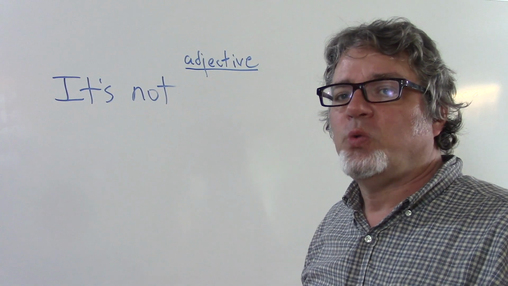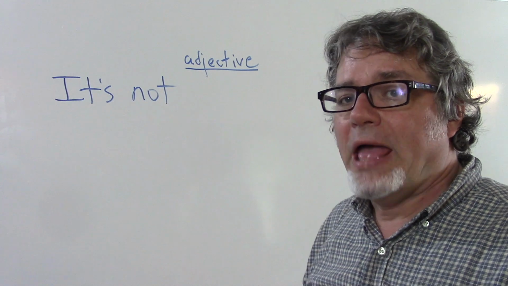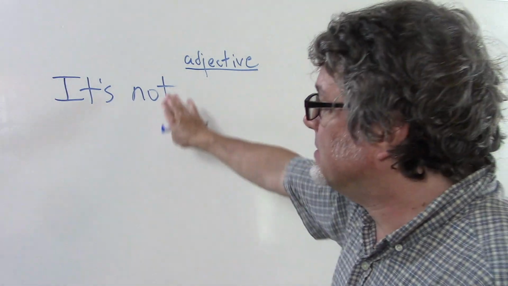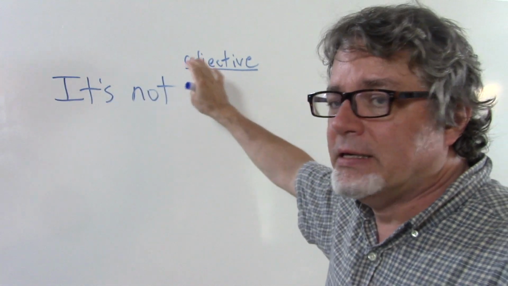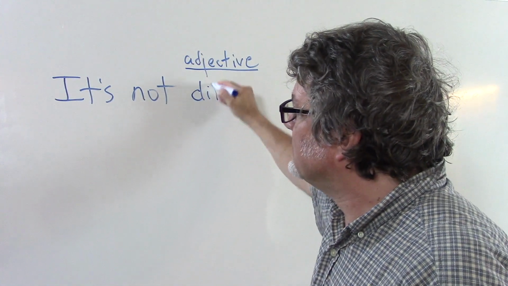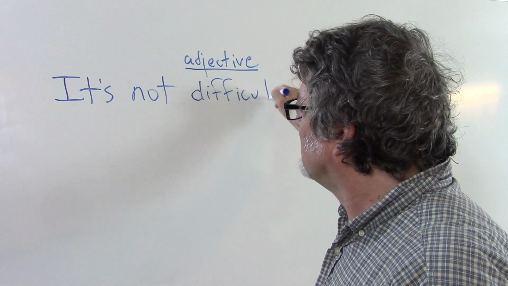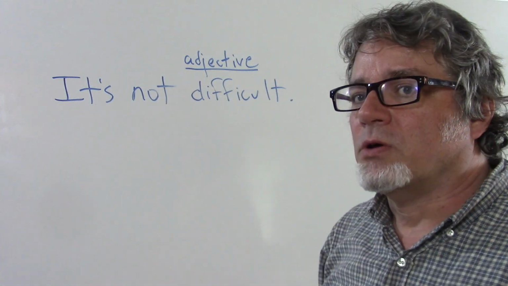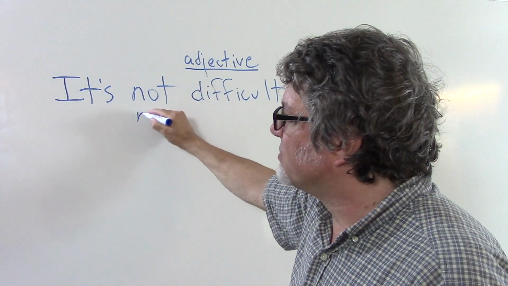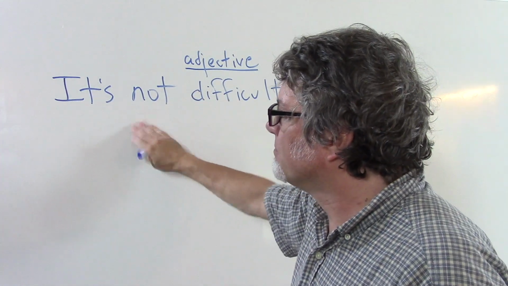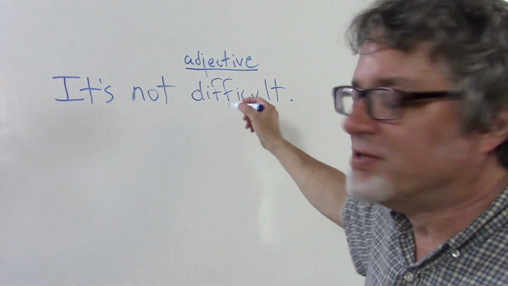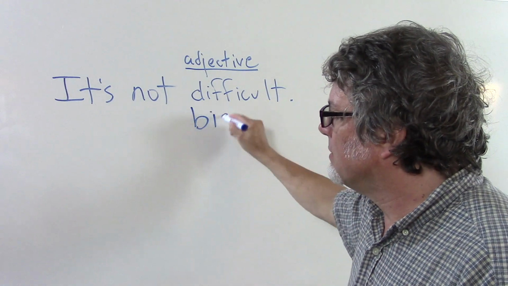Another difference between the words no and not is used with adjectives. It's not difficult. So you can't say it's no difficult. That would be absolutely wrong. It's not big.